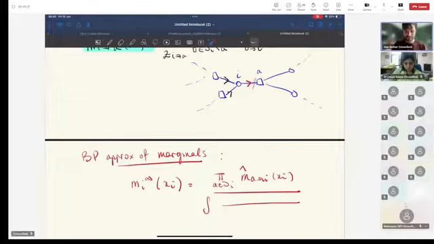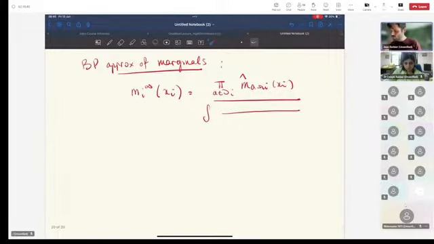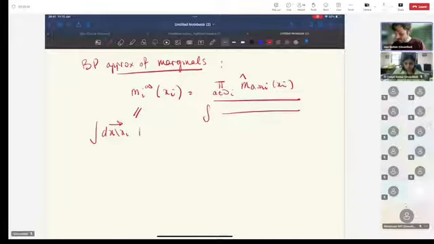So in particular, I want to give you one case where this calculation is exact, in the sense that you are guaranteed that this is really the integral over all x's except xi of the joint law, which is indeed P of xi, the marginal.